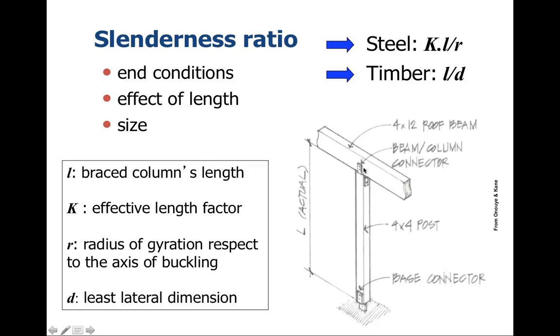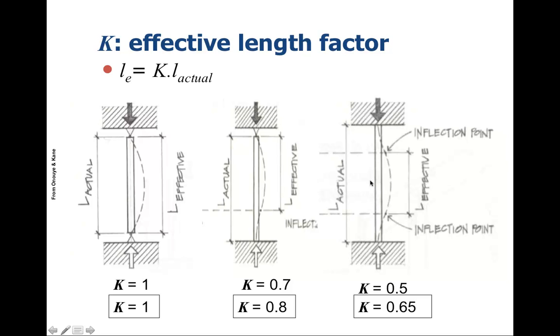Okay, so here's an example of our column, a 4x4 column, and say it's carrying this load. Some of the considerations are how it is fixed at the bottom here, and also how it is fixed at the top. The effective length factor relates to how the column is actually attached or fixed at the top and the bottom.